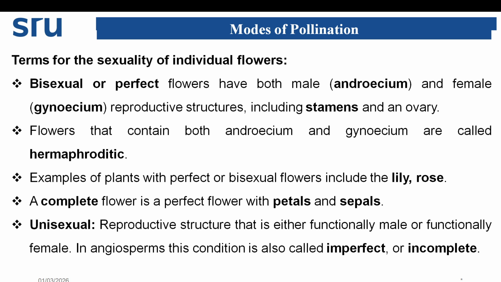If either the male or female part is present, it is called a unisexual flower, or imperfect or incomplete flower. A single member of the calyx is called a sepal, and a single member of the corolla is called a petal. In some conditions, when calyx and corolla are fused, that floral whorl is called the perianth, right? These are the terminologies related to the sexuality of individual flowers.